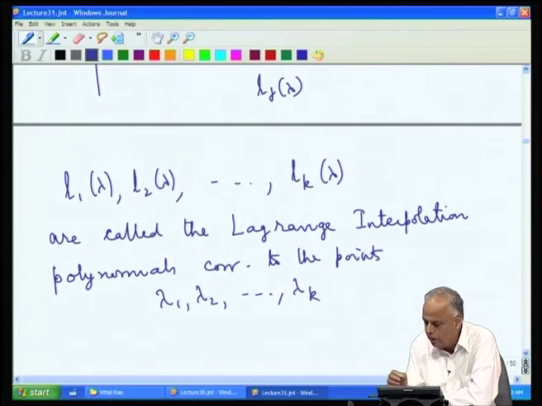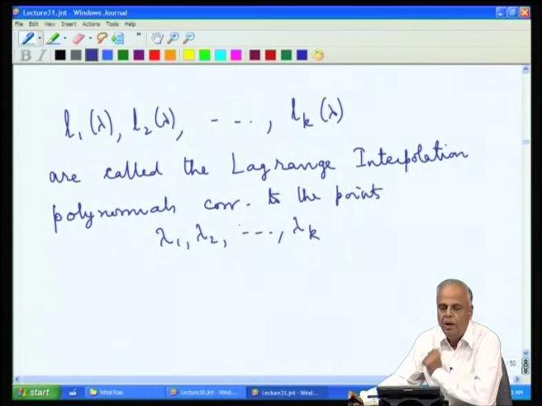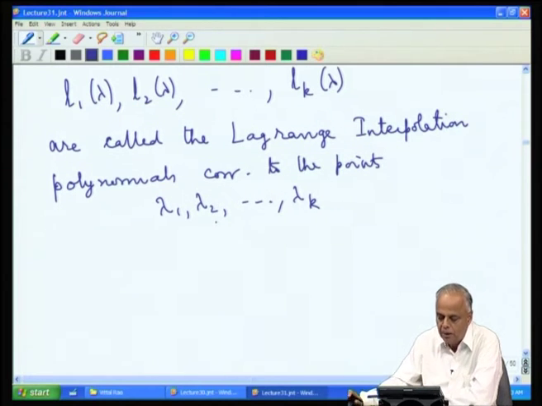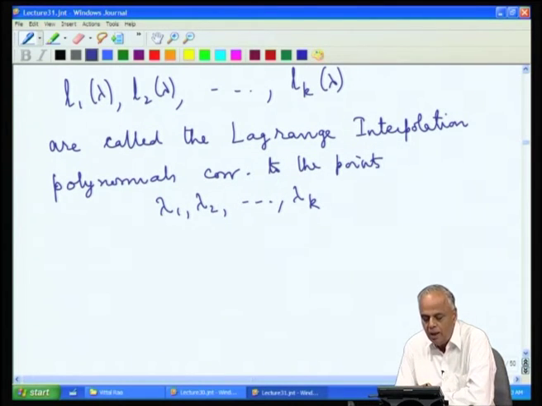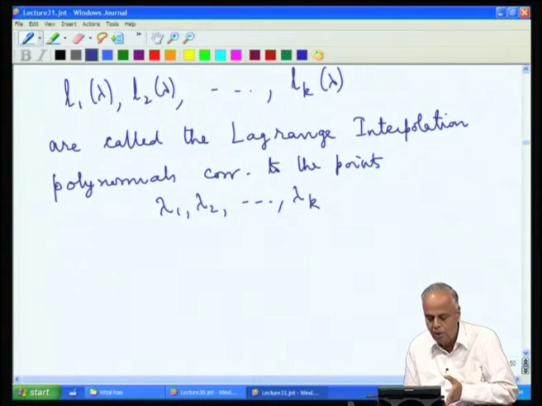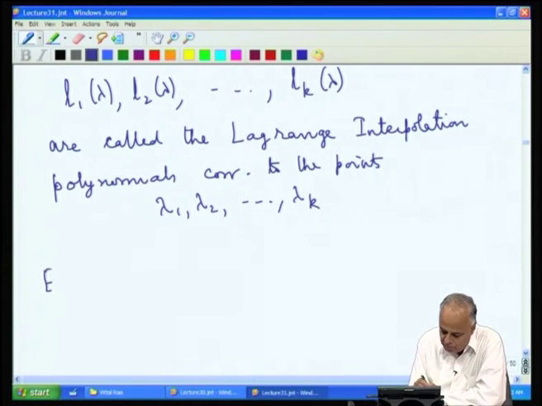These are distinct points. So, we have these k Lagrange interpolation polynomials. Let us look at some examples.